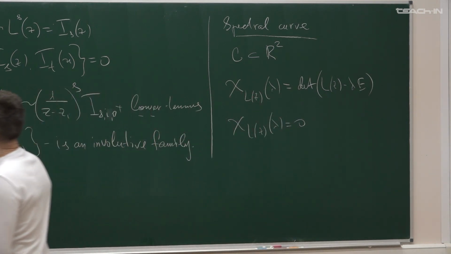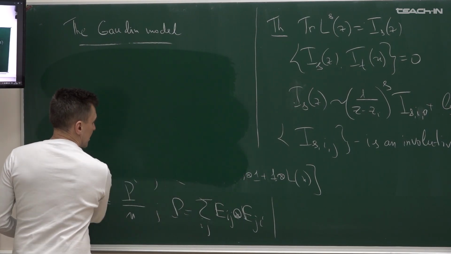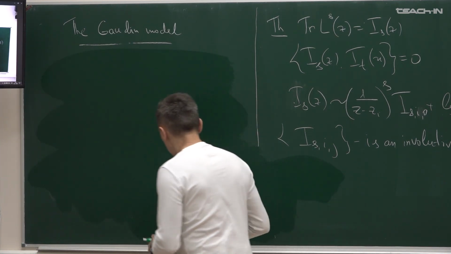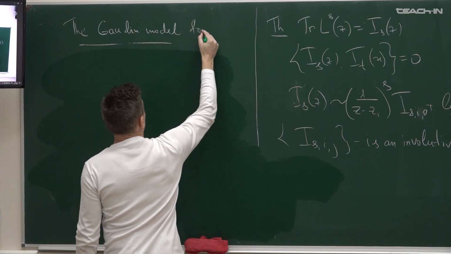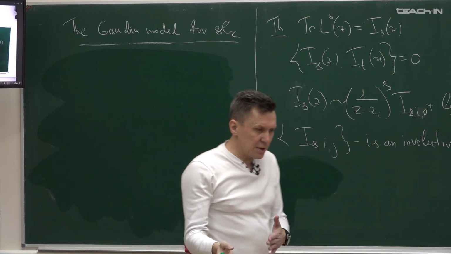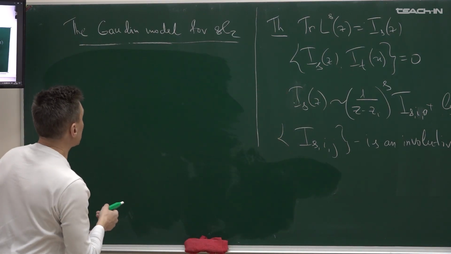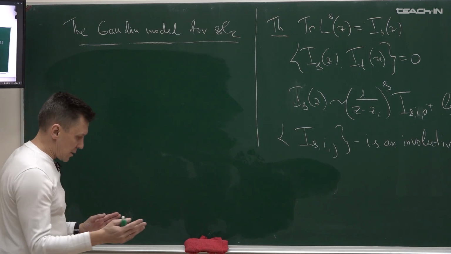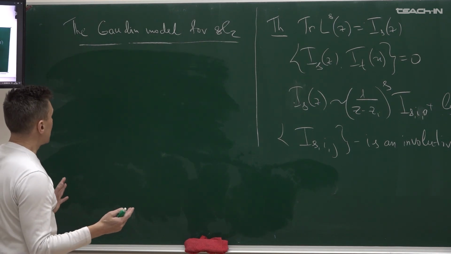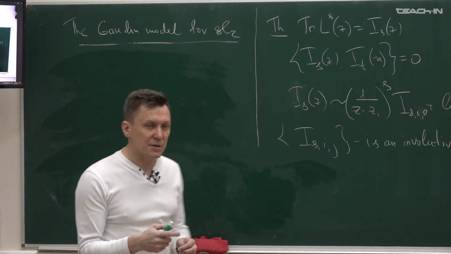Now I will consider the specialization of this model, which was originally invented by Gaudin, which is the Gaudin model for SL2. So the GL2 specialization is obvious, but the SL2 needs us to consider just the common level of Casimir functions.